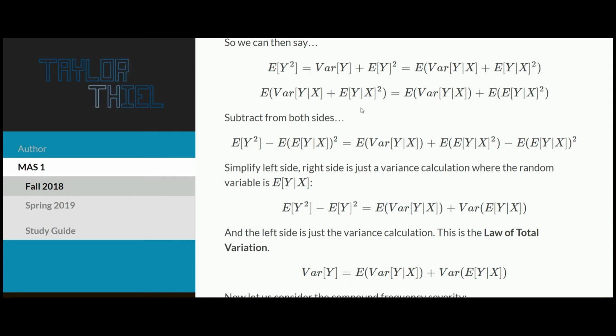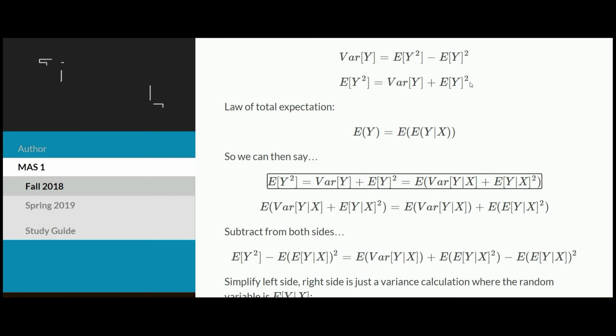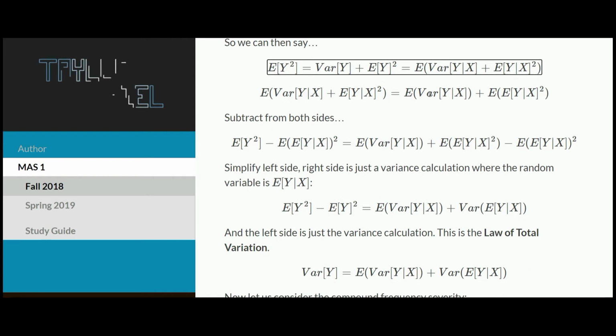Moving forward, we again have our variance calculation here. I have that rewritten, and then we're going to wrap all of this in an expected value, and then within those other things, add a given x.